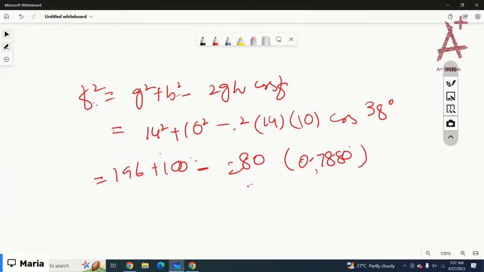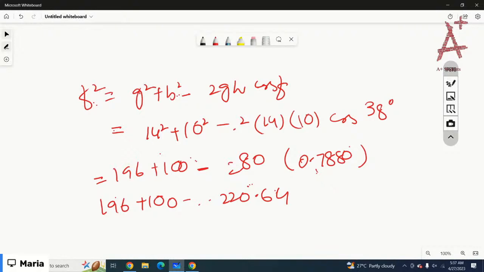Okay, let's just multiply 280 times 0.7880 equals 220.64. So 196 plus 100 minus 220.64.